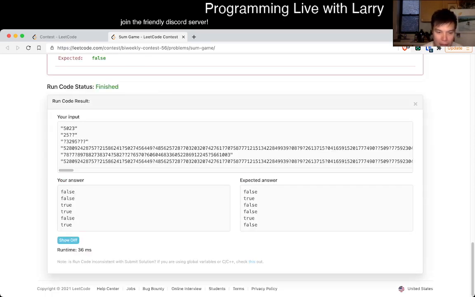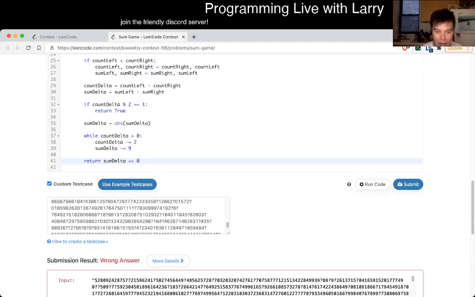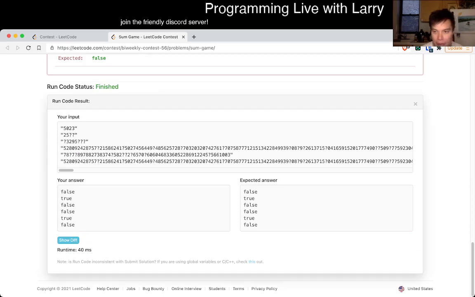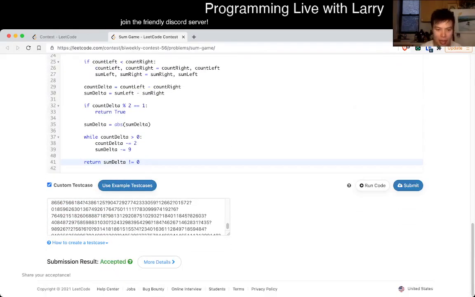I think I mixed up the signs, but the idea there is that it gets back to a stable point. Yeah, I got it right after the contest.